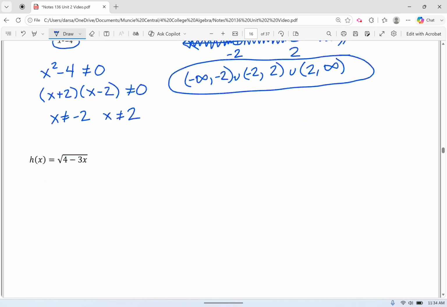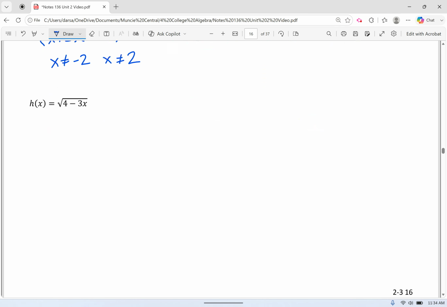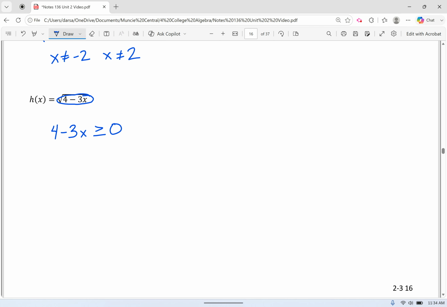All right, let's look at our last quick example here. This one, we have a variable under a square root. So in order for numbers to be allowed, we have to make sure that the stuff under the square root is positive or 0, greater than or equal to 0. So we set the stuff under the square root greater than or equal to 0.